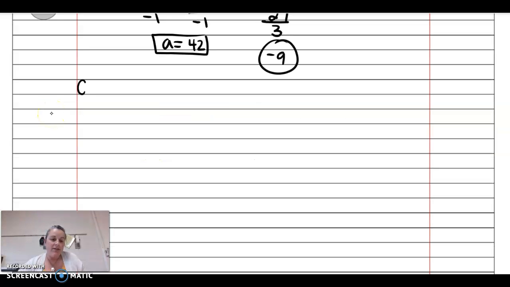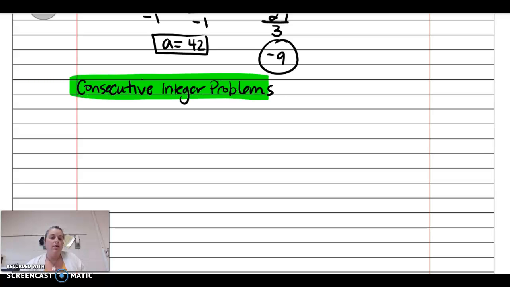Next, we're going to look at consecutive integers. First of all, in order for numbers to be consecutive, I'm going to put one right after another.